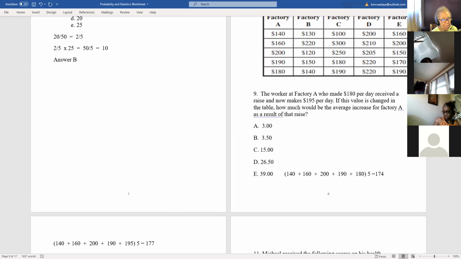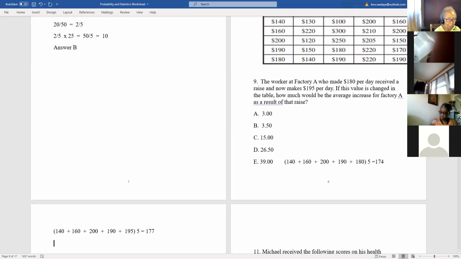With 870, which was the first one, you just add 15 to it, you get 885. Then you divide it by 5. Right, you get 177. So what was the average increase?